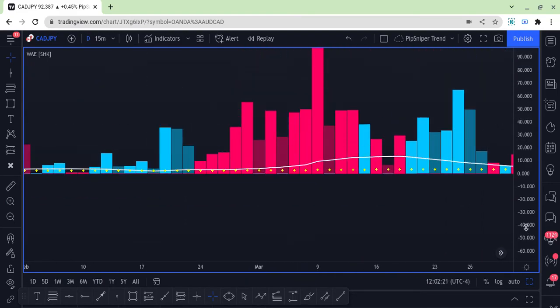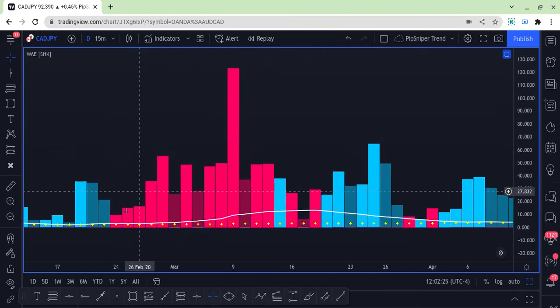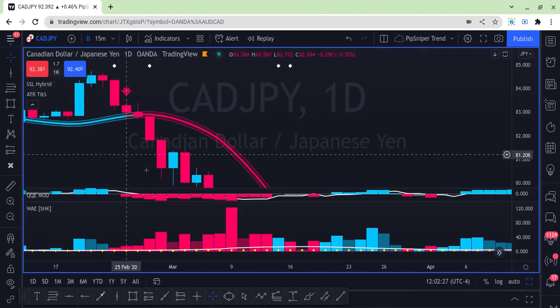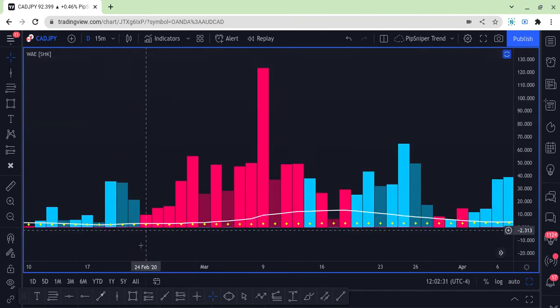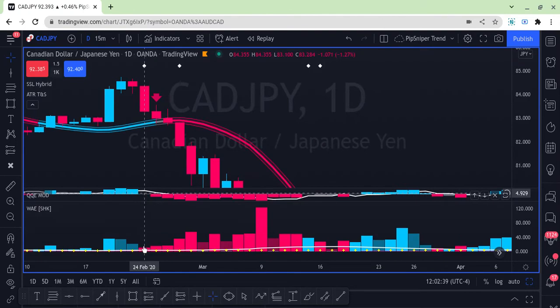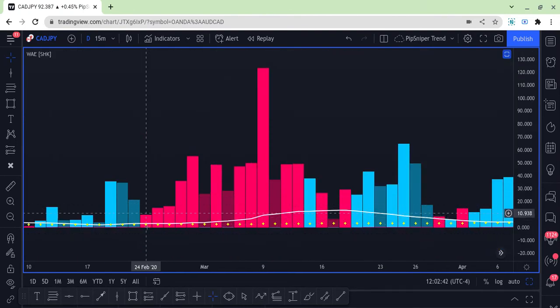Let's keep going. Okay, so here the histogram is rising, and as you see, it's selling. So let's see what happened. First, we have bulls losing power, so bears have stepped in. Here we have the first time that we have crossed above.